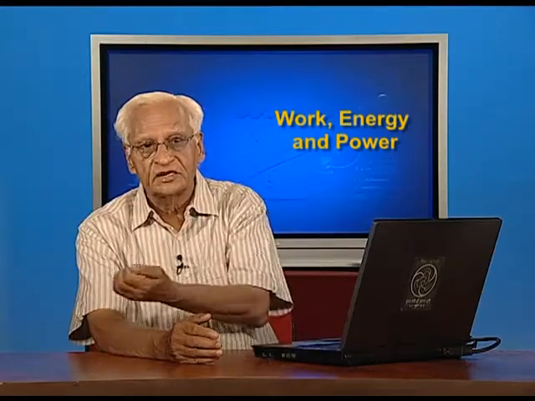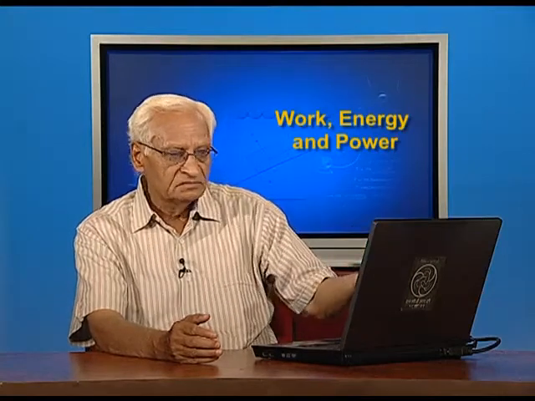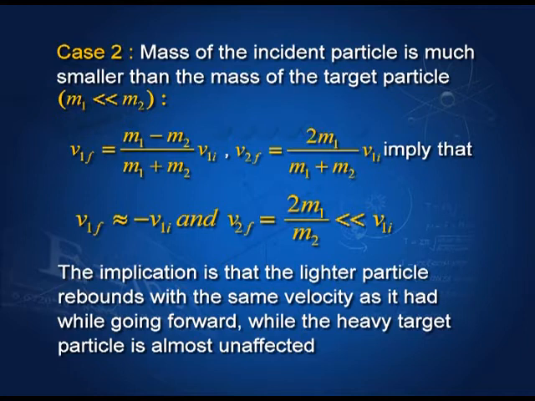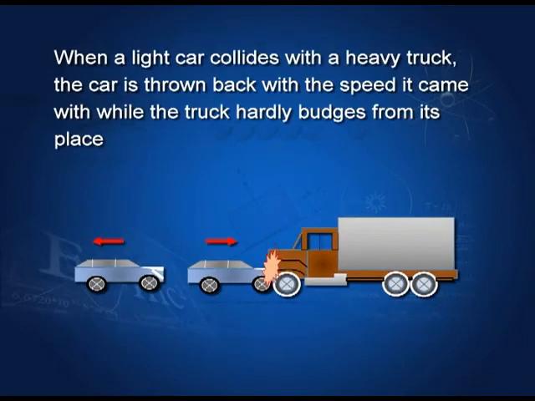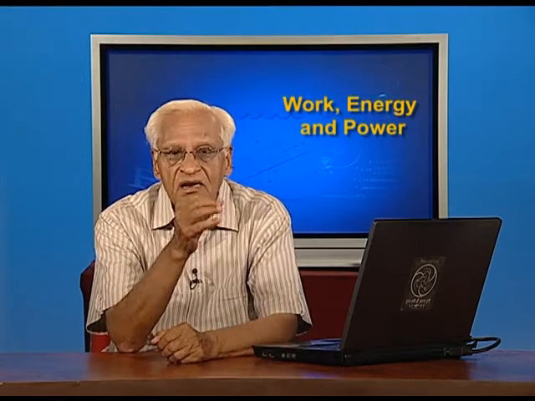It collides and goes back with the same velocity with which it came, whereas the velocity of the second particle is very small, it hardly moves. Think of a collision of a very heavy truck and a car: the car comes, collides, and moves back with the velocity with which it came, whereas the truck hardly moves. This is when a very light particle collides with a heavy particle.